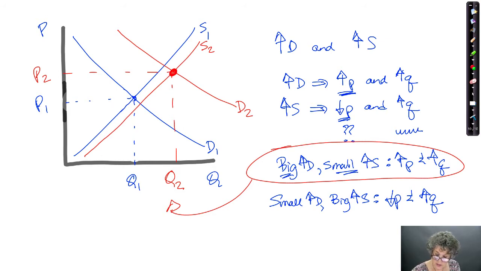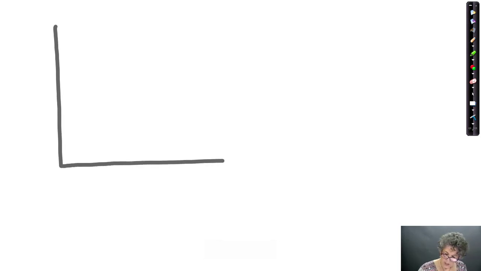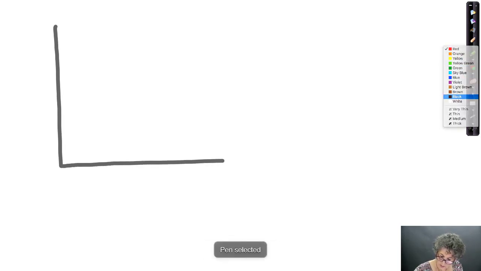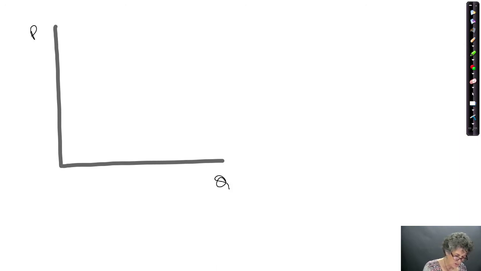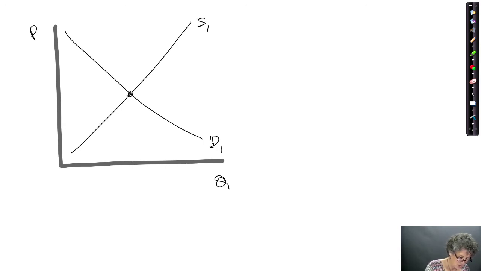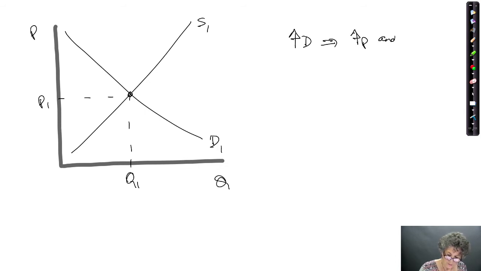Let me show you the contrast. So here, again, I'm going to put price on the vertical, quantity on the horizontal, my initial downward sloping demand, initial upward sloping supply, initial equilibrium, price P1, quantity Q1, and I'm going to do an increase in demand, which by itself we know would increase price and increase quantity, and an increase in supply, which we know would decrease price and increase quantity.